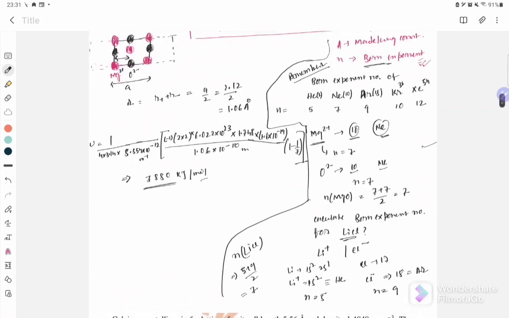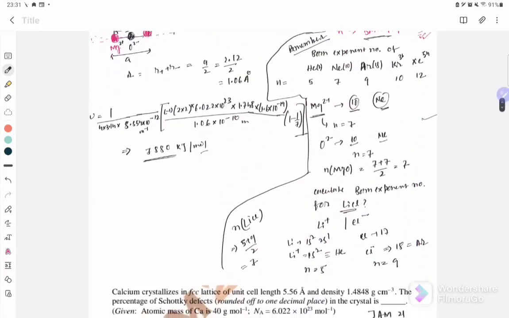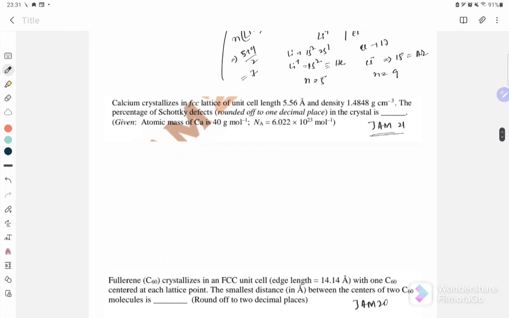In JAM 21 there are 3 questions from solid state chemistry. Now, calcium fluoride crystallized in an FCC lattice, unit cell length is 5.56 angstrom, the density is given in grams per cubic centimeter, and they are asking for the percentage of Schottky defect.